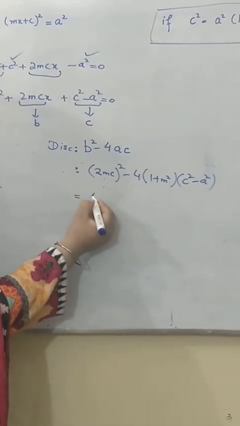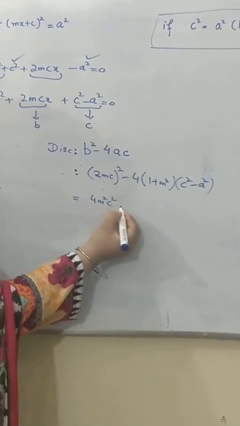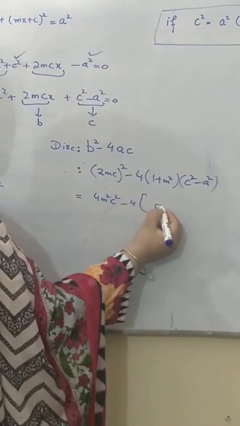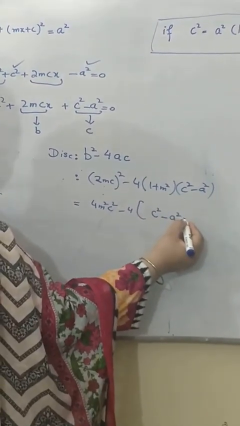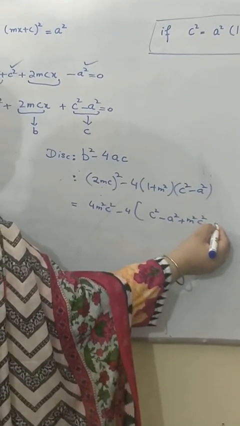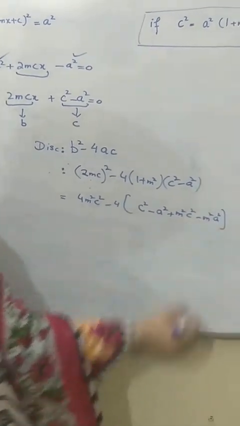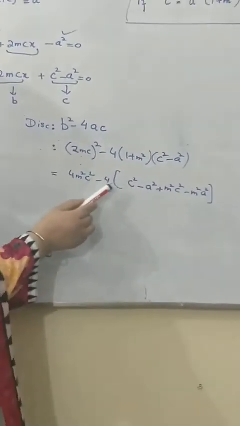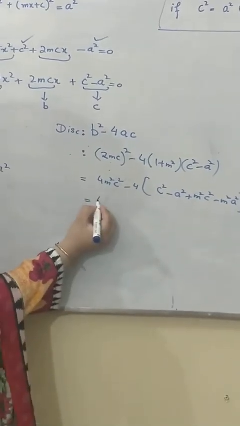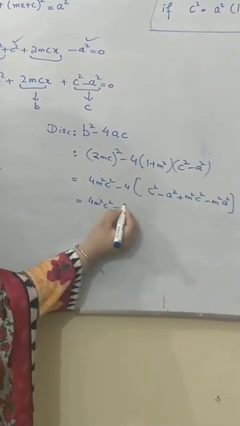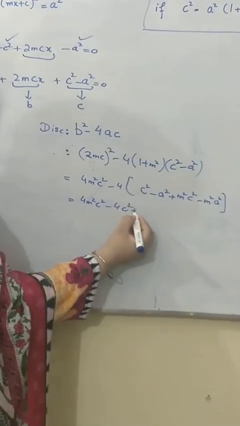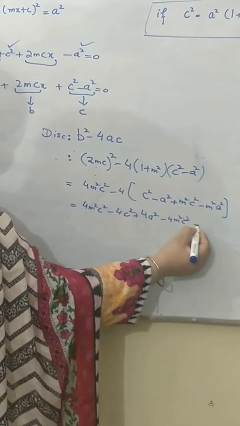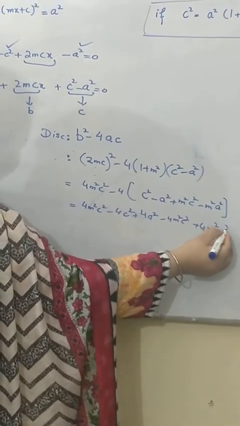So this is equal to 4m square c square minus 4. First of all, we will multiply these two brackets. c square minus a square plus m square c square minus m square a square. Now we'll multiply the whole bracket with 4. 4m square c square minus 4c square plus 4a square minus 4m square c square plus 4m square a square.